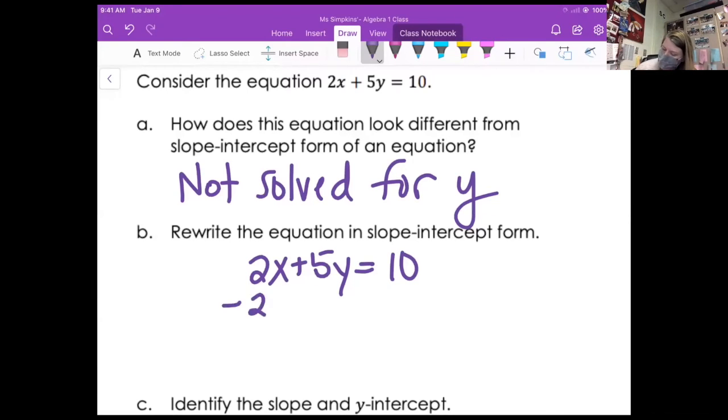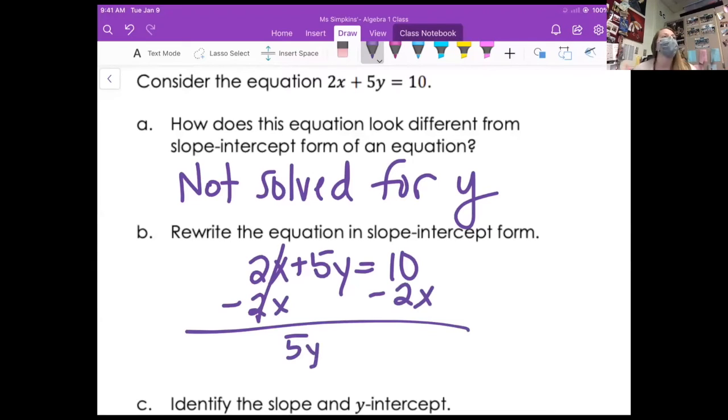So let's go ahead and subtract 2x. What happens to the 2x minus 2x? It cancels, and we're left with just 5y, which is getting closer to where I want to be. I cannot combine 10 and 2x, so I'm literally just going to write 10 minus 2x.